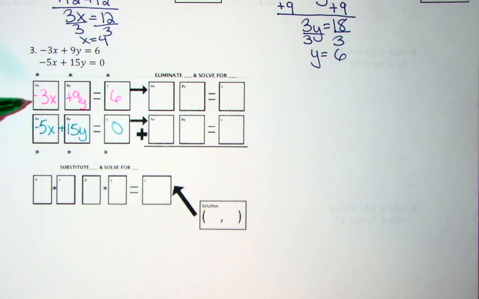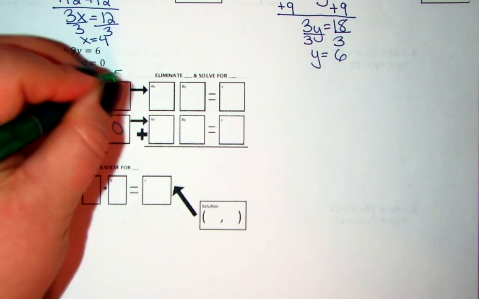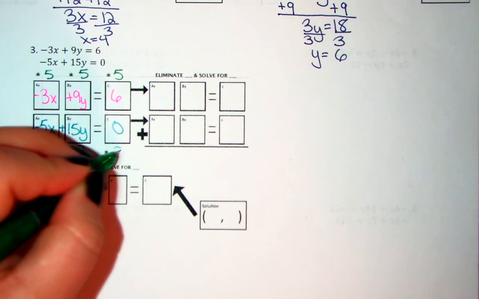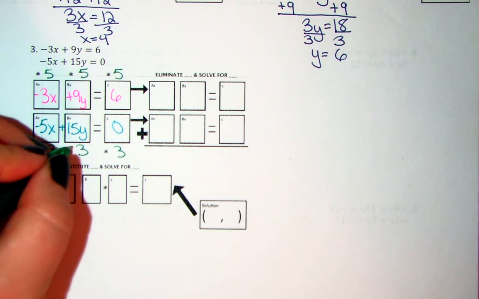I'm going to choose to go ahead and get my x's to cancel, which means the top will need to be multiplied by 5. The bottom will need to be multiplied by 3. And I do not have opposite signs, so I will make the bottom be multiplied by negative 3.